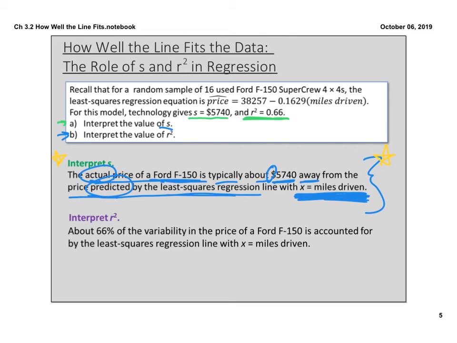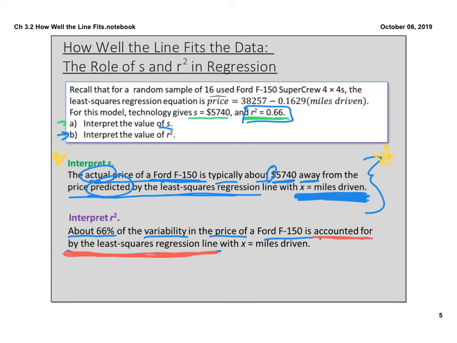we found an R squared value of 0.66. Now remember that that's a percentage, so we can say about 66% of the variability in the price of the Ford F-150 is accounted for by the LSRL. Those words right there, is accounted for by the LSRL, or the least squares regression line, are going to be in every single statement regardless of the context.